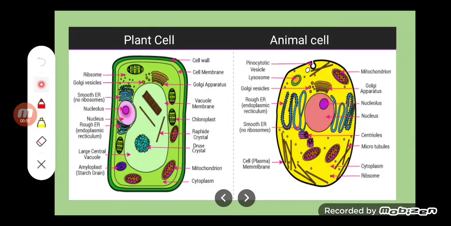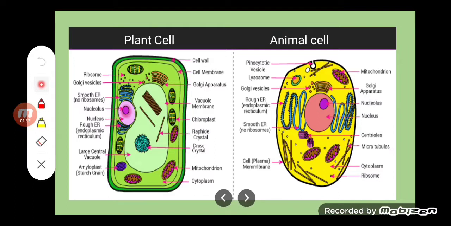And the endoplasmic reticulum is connected to one end of the nucleus and the other end is connected to the cell membrane. Similarly, we can see this here in animal cell. The endoplasmic reticulum is connected with the nucleus as well as the other end is connected with the cell membrane or plasma membrane.